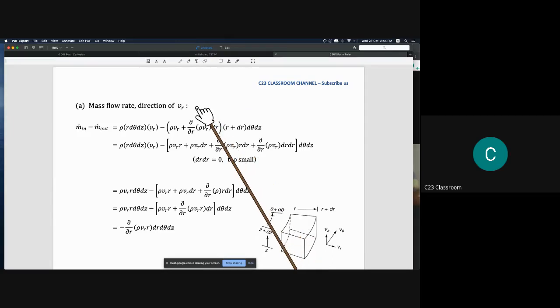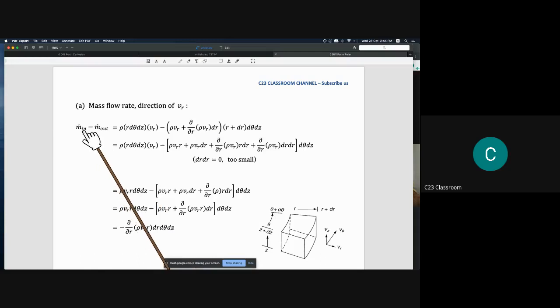It is the same for polar coordinates: we also have three inlets and three outlets. So now we derive for the r axis. This is the r direction, so we just assume that we have the inlet here and the outlet here, meaning the velocity is parallel to the r axis.